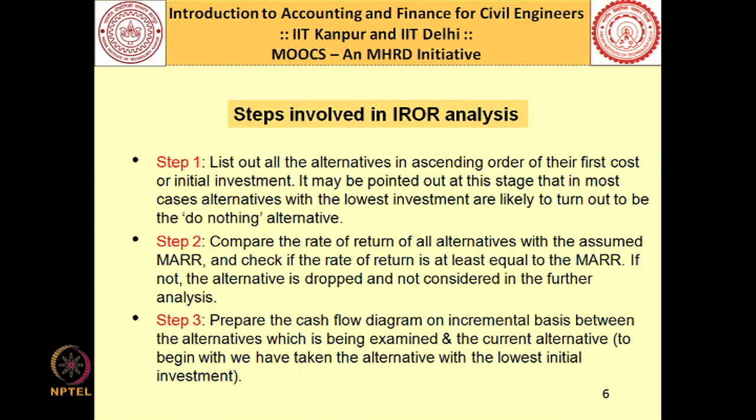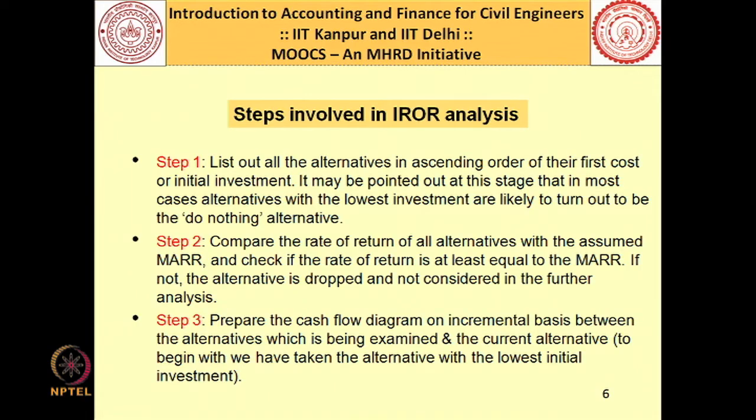You can see the first step is to list out all the alternatives in ascending order of their first cost or initial investment. In the second step, as I told you, you have to find out the rate of return if it is possible. If it is not possible, I will tell you how to calculate the rate of return through some other manipulations. Once you have compared the internal rate of return with the minimum attractive rate of return, you have to make a decision now.